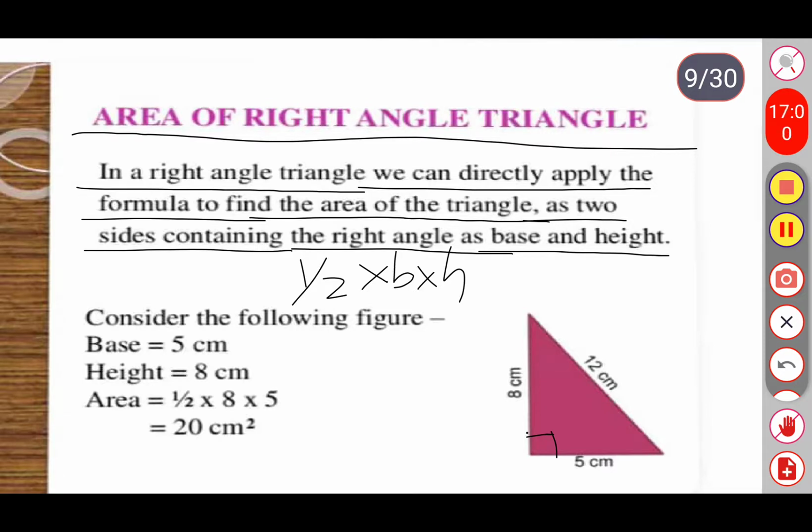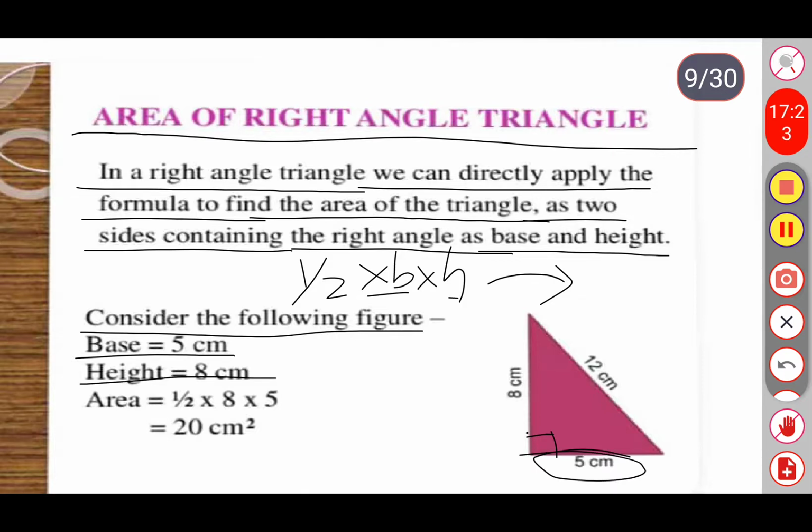If we don't know the base or height, then apply the Pythagoras formula. With the help of the Pythagoras theorem, we can easily calculate one more side, whether it may be base or height. Consider the following figure. Base is 5 centimeter and height is 8 centimeter.